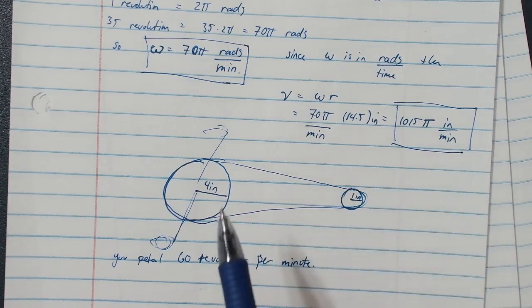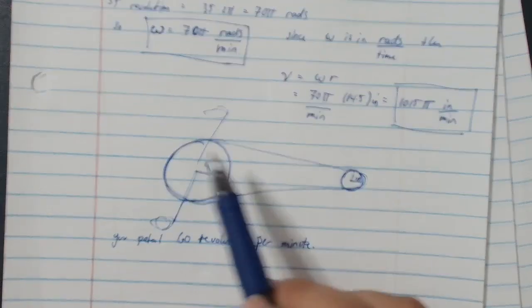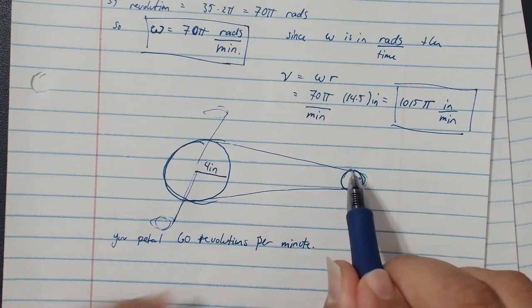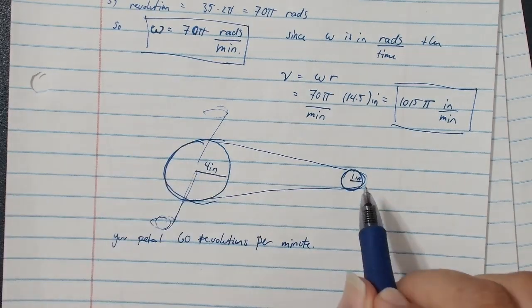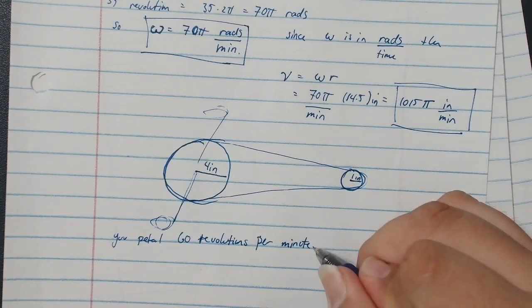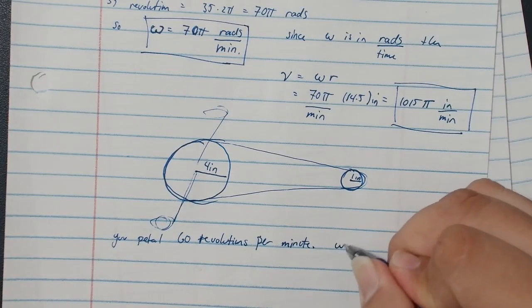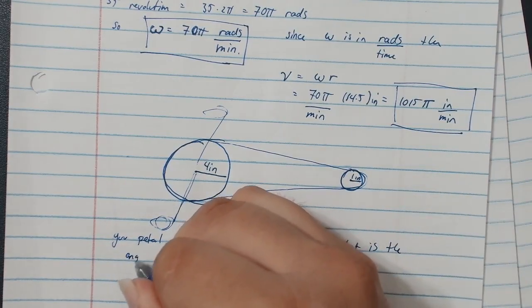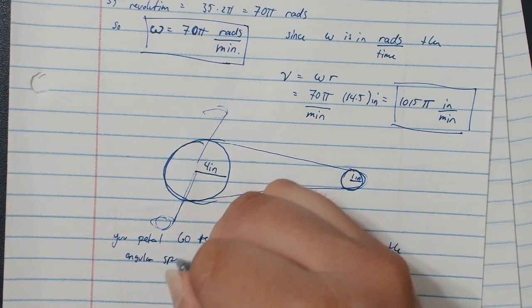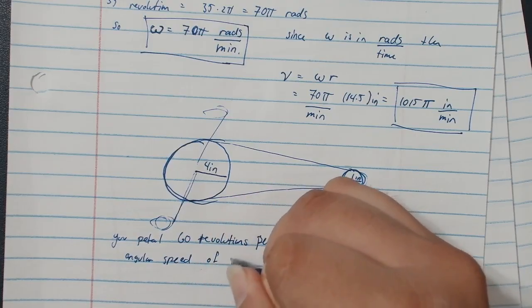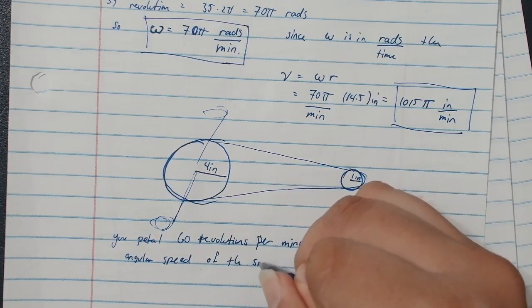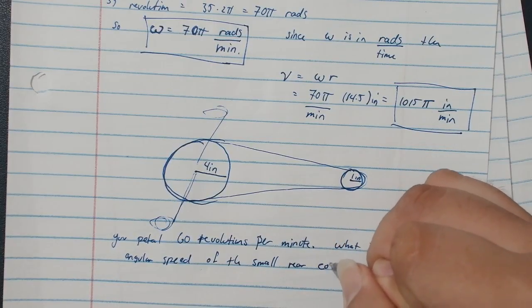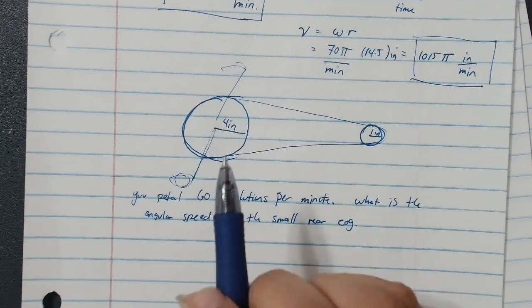The question is, if this is going around 60 revolutions per minute, what is the angular speed, not of this one, but of this one back here? What is the angular speed of the small rear cog?